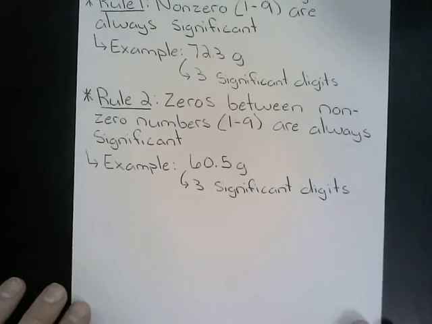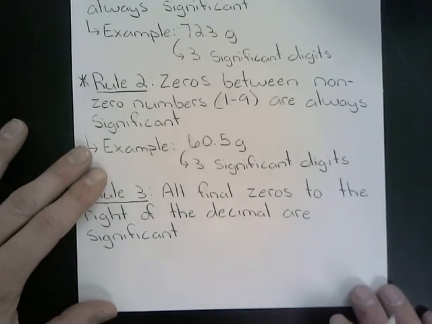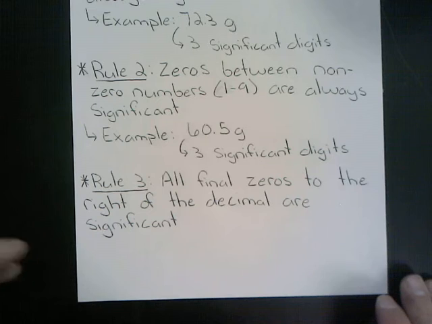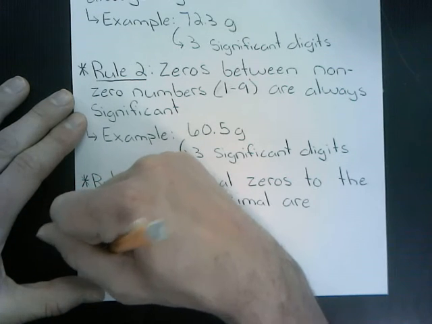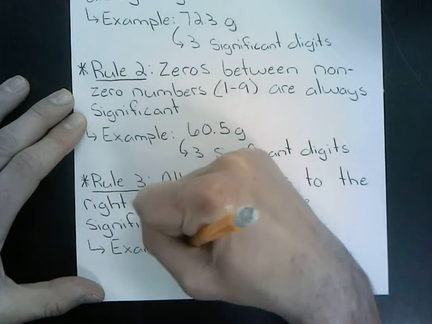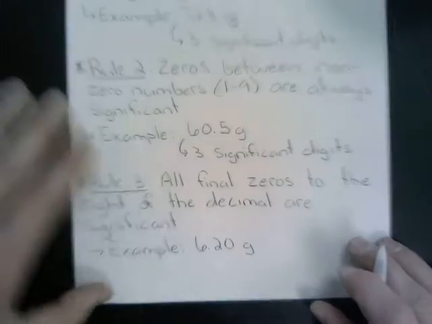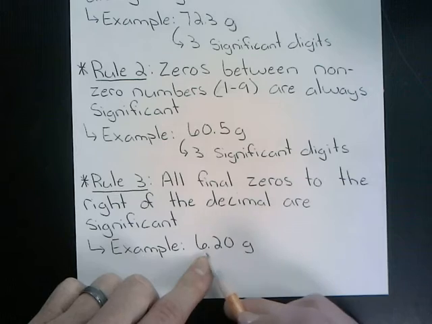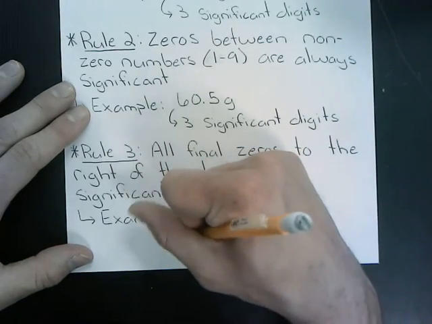Okay? Now, rule number 3 states all final zeros to the right of the decimal place are significant. So again, if we show this in an example here, if we have the number 6.20, because this 0 is after the decimal place, it would have 3 significant digits.